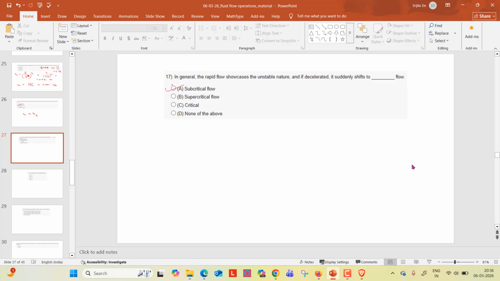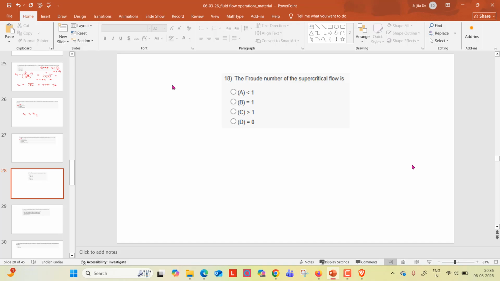Option A. The Froude number for the supercritical flow is given as greater than 1. So Fr is greater than 1. That means Fr is the fluid flow velocity by the wave traveling velocity or critical velocity. So V is greater than Vc. So it is option C. This is the supercritical flow condition.